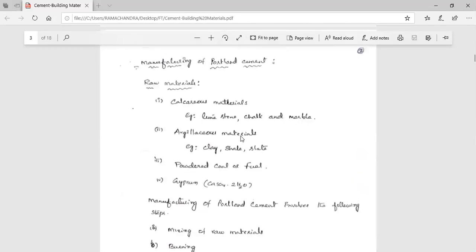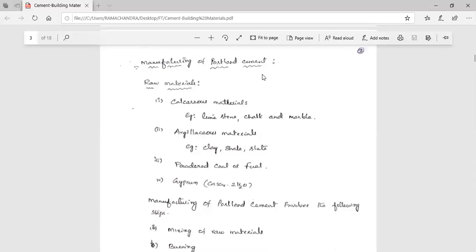Next we go for the manufacturing of Portland cement. That means how to make Portland cement using lime and clay. Lime means calcareous matter, clay means argillaceous matter.